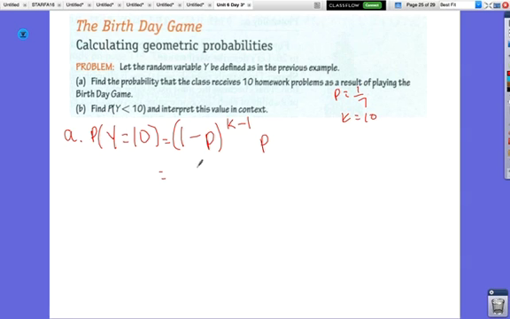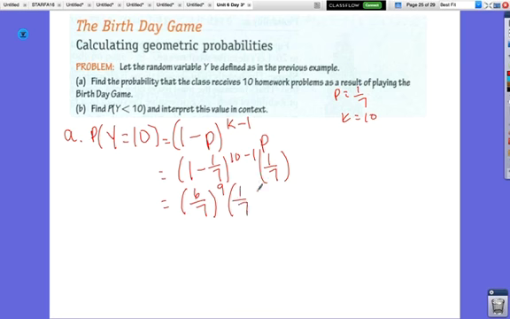So we're doing 1 minus 1/7 to the 10 minus 1, all times 1/7. 1 minus 1/7 would be 6 out of 7, and 10 minus 1 would be 9. So we're doing 6 out of 7 to the 9th power times 1/7.